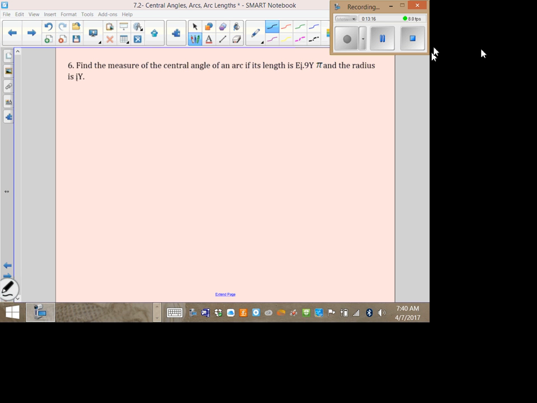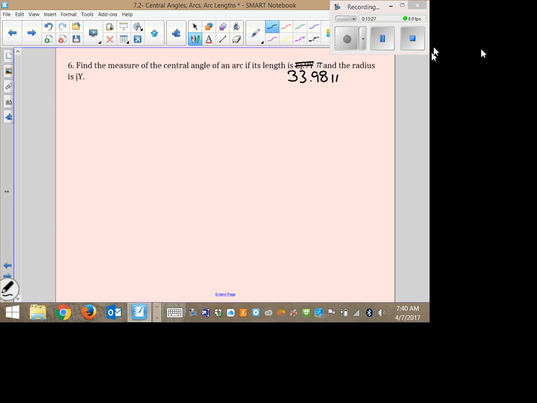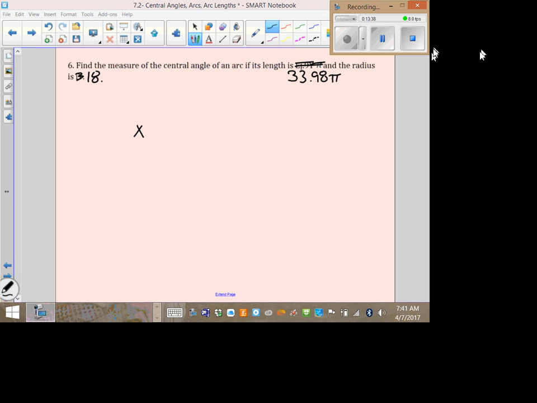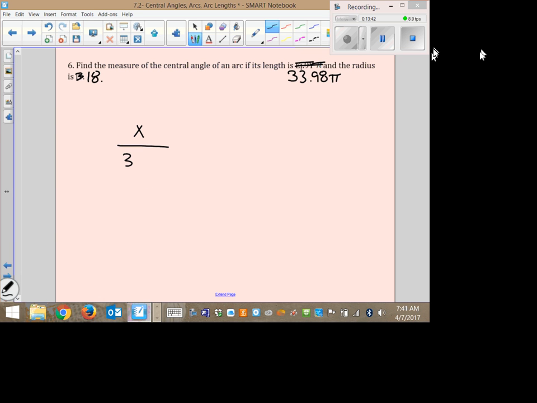Alright, so we want to find the measure of a central angle if the arc of it, if its length is, let's have it be 33.98 pi, and the radius is 18. Alright, so we're going to set this up as x. So we're looking for our angle measure, x, divided by 360. And then we have 2 pi r.